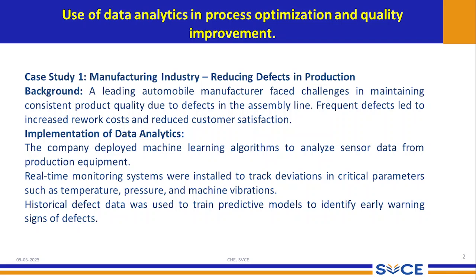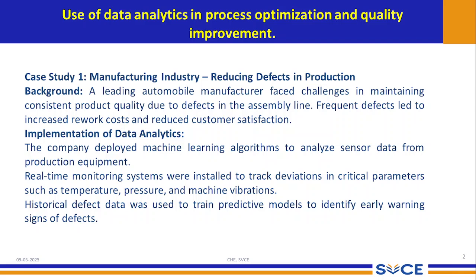Implementation of data analytics: the company deployed a machine learning algorithm to analyze the sensor data from production equipment. If there is any deviation, as a proactive measure, it will give an alarm to the people so that we will be alerted about why this deviation occurs.